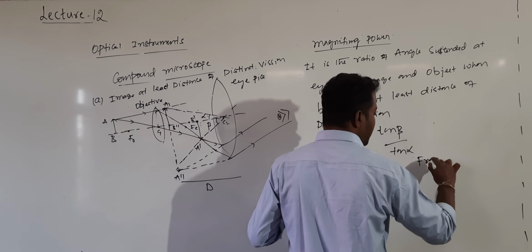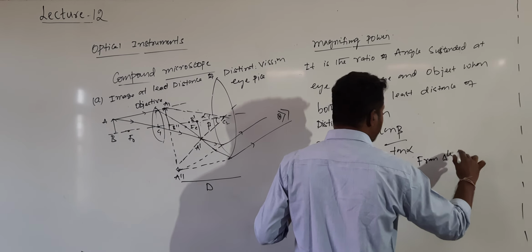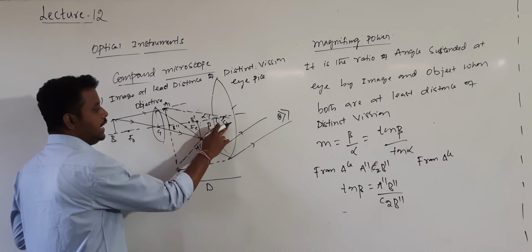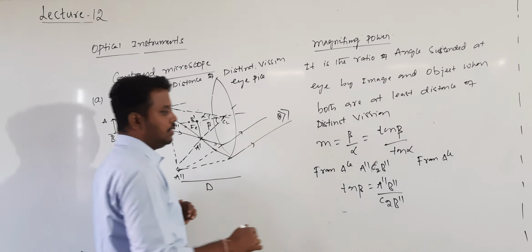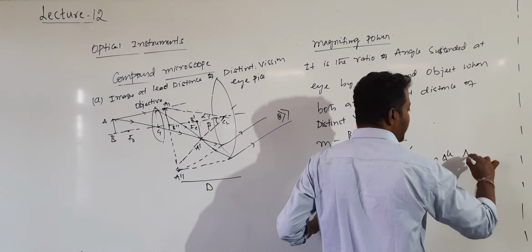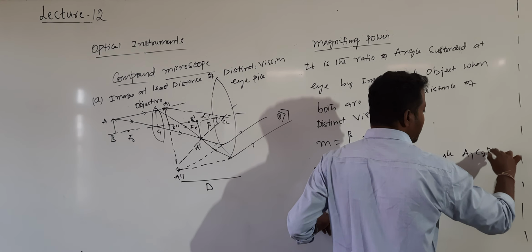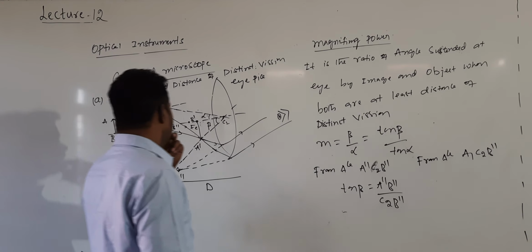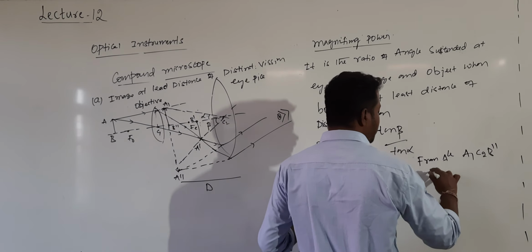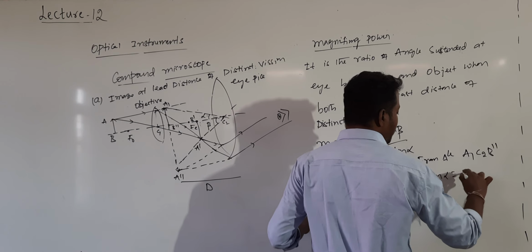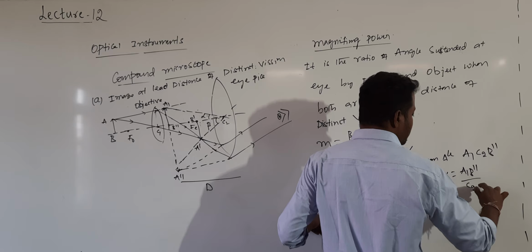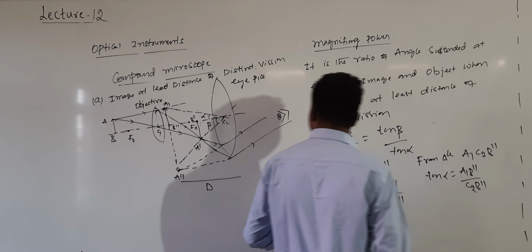Similarly, for calculating the alpha value, the triangle is A1 C2 B double dash. What is the value of tan alpha? Tan alpha is equal to A1 B double dash divided by C2 B double dash.